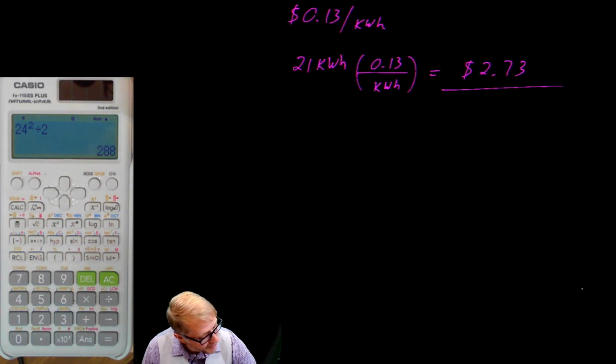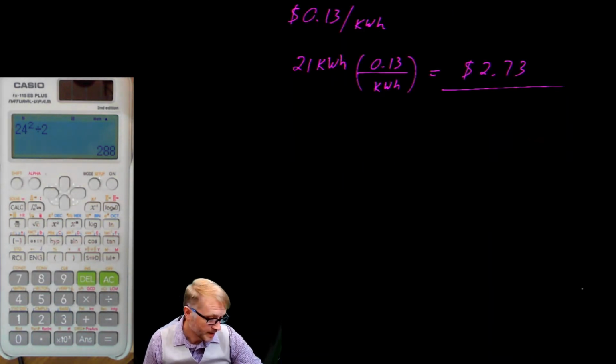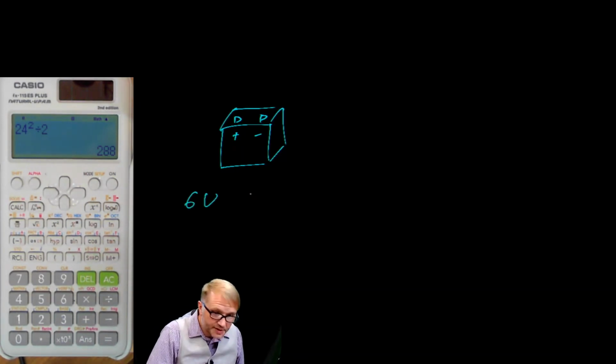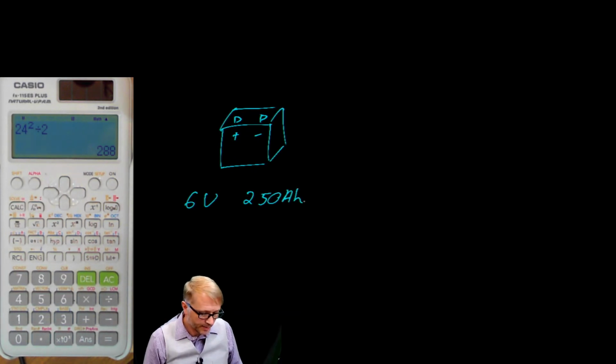What do we got left here? Oh, one more. One of the homework problems you're going to be asked to do asks about the energy in a battery. So suppose you have a large lead-acid battery. So we'll have some terminals up here with a plus and the minus. We'll let this be a 6-volt, 250 amp hour battery.